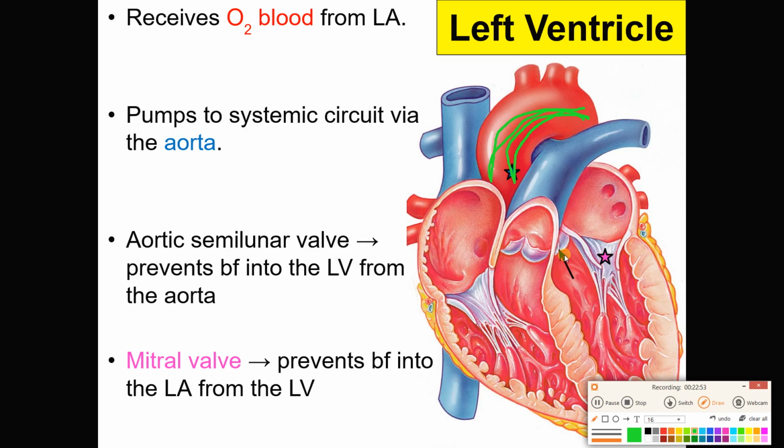At the base of the aorta is an aortic semilunar valve, preventing backflow into the left ventricle from the aorta. Meanwhile, the mitral or bicuspid valve, which is over here, prevents backflow from the left ventricle into the left atrium. So those are my two ventricles and some basic things about them.